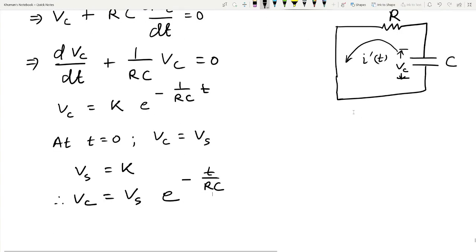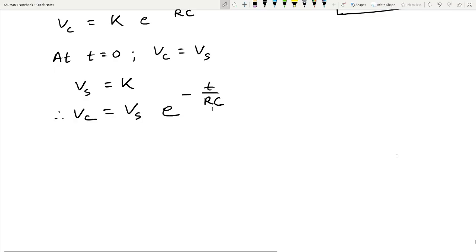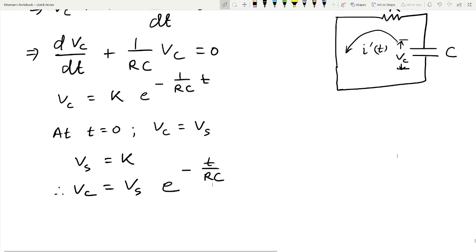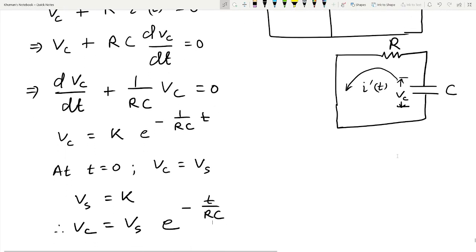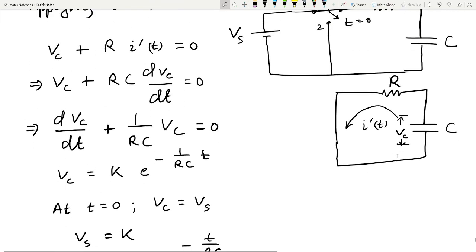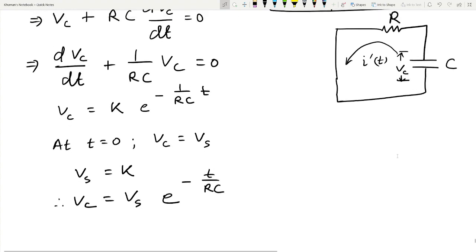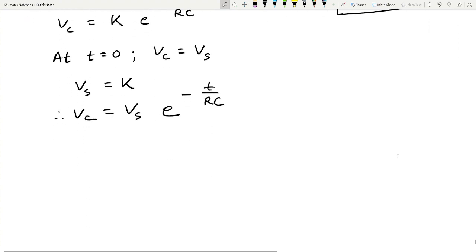Okay, now we can find out the current i(t), or also we can find out the voltage drop at R. Okay, so now first we will find out i prime t.